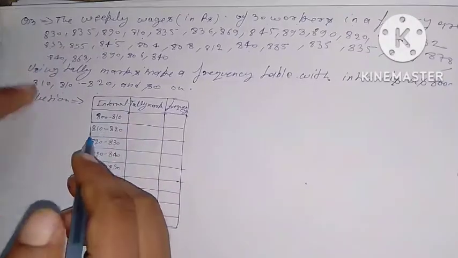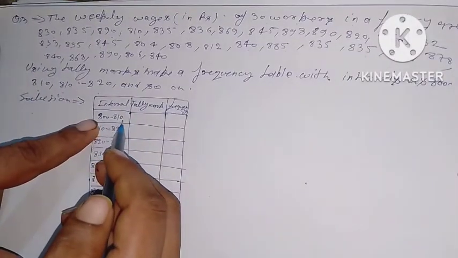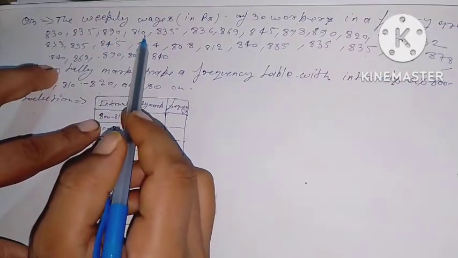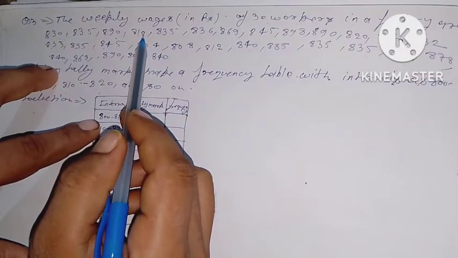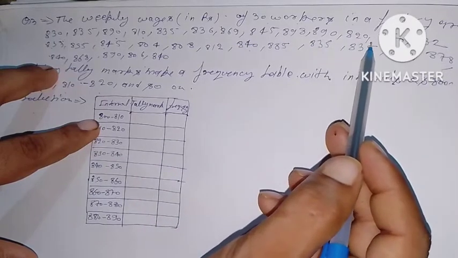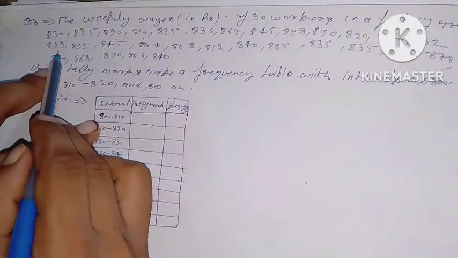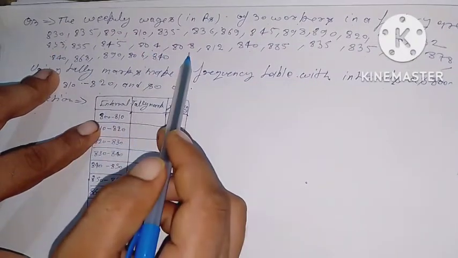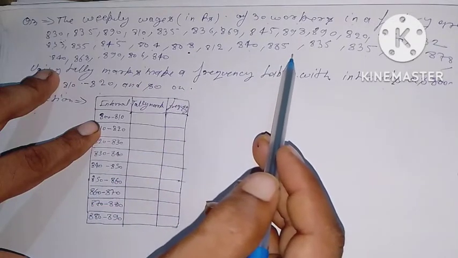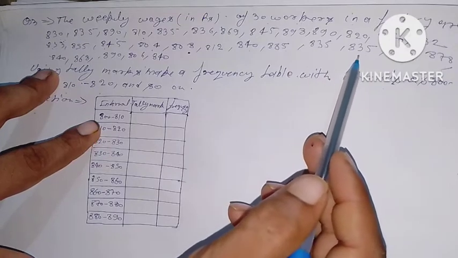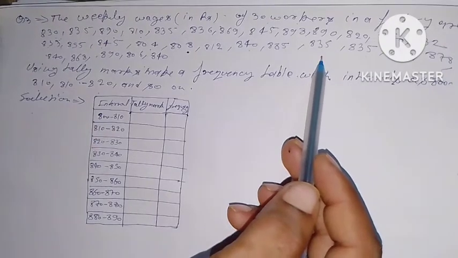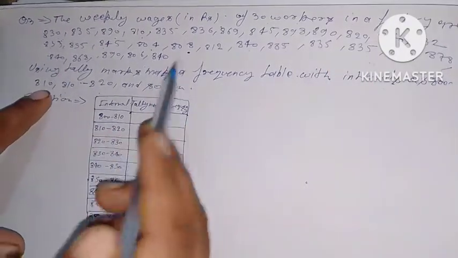Numbers from 800 to 810: 801, 2, 3, only 3 times.